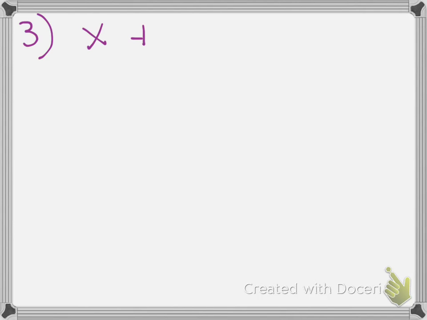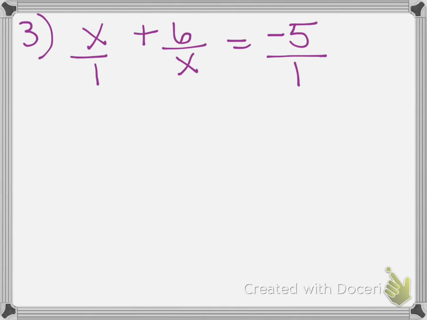So I have x plus 6 over x equals negative 5. Similarly to our complex fractions, I want to write all of these as fractions, so I want all of them to have a denominator. Now this is not written like a proportion. It's not just a fraction equaling another fraction. Because of that, I need to find the least common multiple. Looking at x and 1, my least common multiple is going to be x.